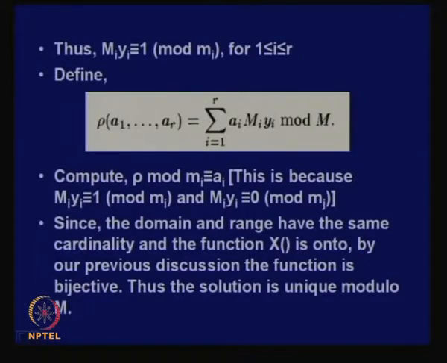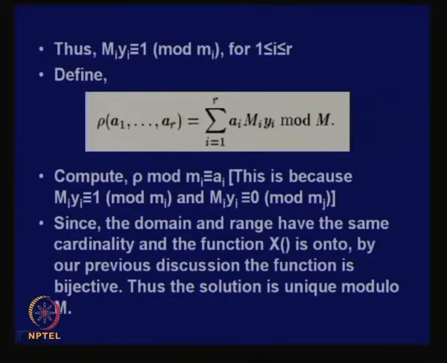What you observe here is that this mapping, which I call psi, is actually an onto mapping, which means that given any corresponding congruence value, I am always able to find an x value mod m which will satisfy this. So nothing is left out on the right hand side, on the range part.